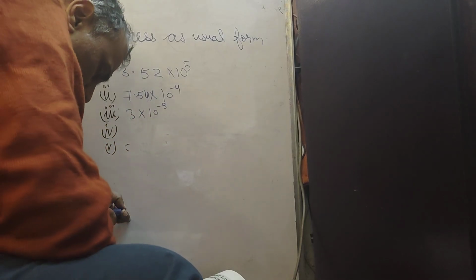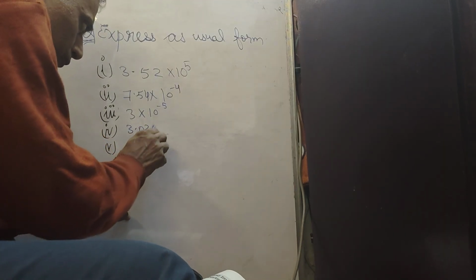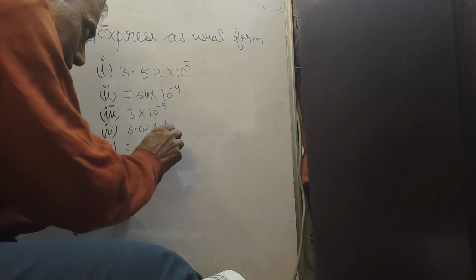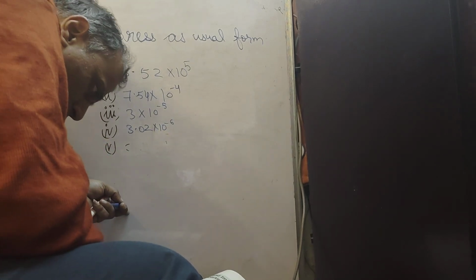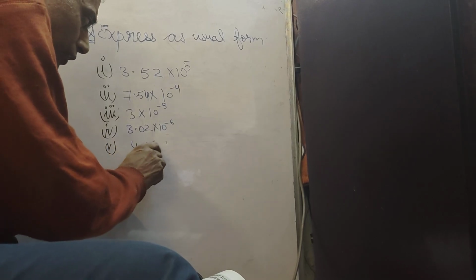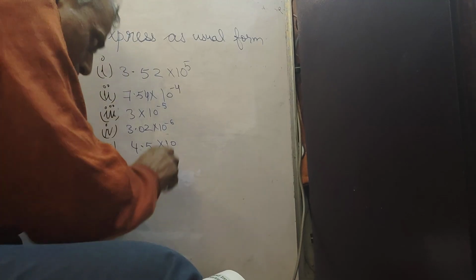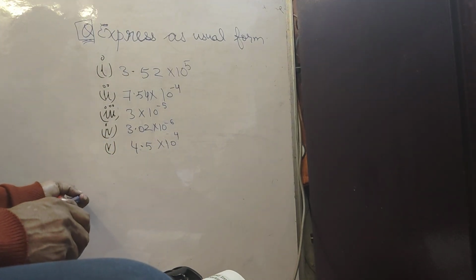Fourth one is 3.02 × 10 raised to the power minus 6. And last one is 4.5 × 10 raised to the power 4. So standard form is given. We want to convert into usual form.